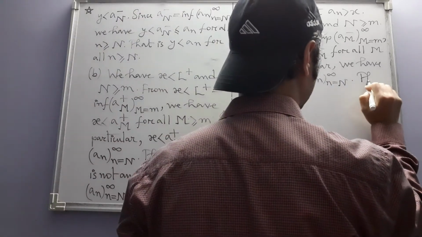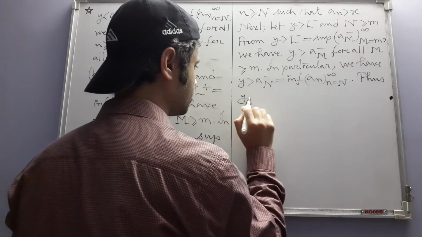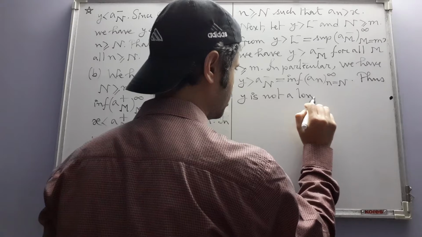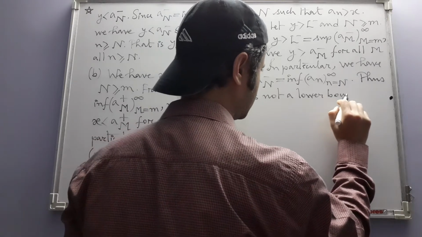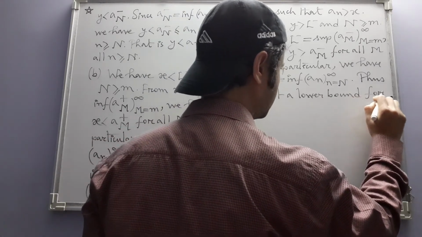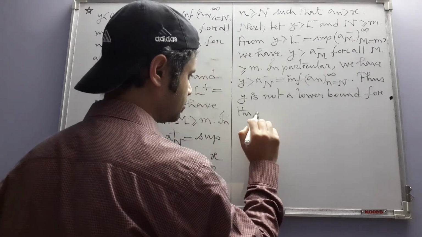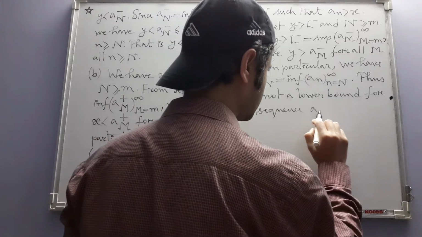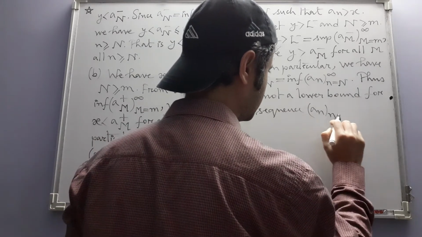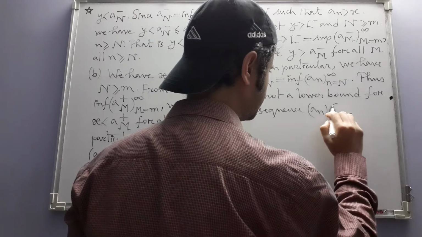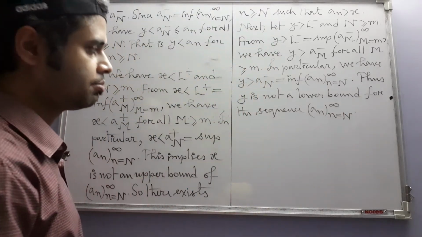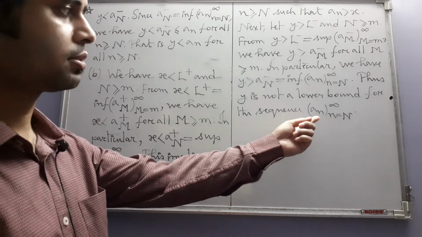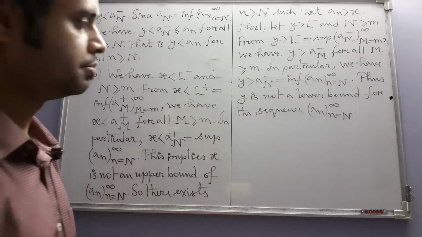Thus y is not a lower bound for the sequence. So y will not be less than or equal to all the terms of the sequence. There will be at least one term in this sequence that will be less than y.